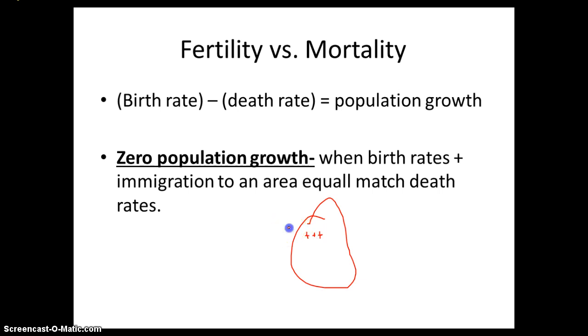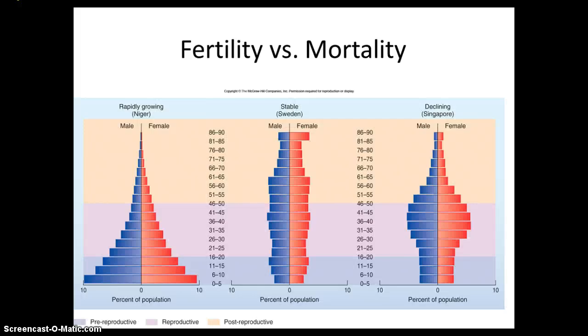And so I do the birth rate plus the number of immigrants coming to that country. And when that exactly equals the number of people dying in that country, then we experience zero growth rate. This does happen in some countries, not in many. And in some countries, we actually even have a negative growth rate. And we're going to talk more about that here in a second.